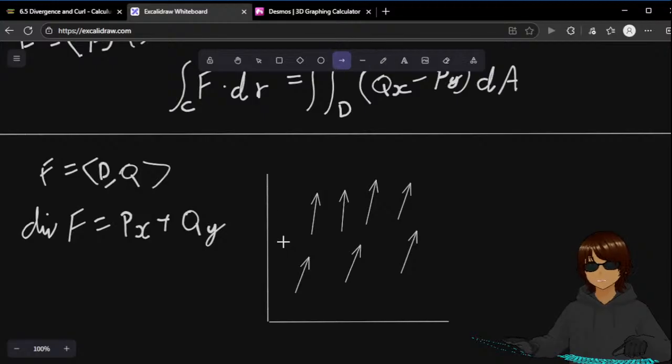So I guess it's calculating the change in the vector field at point P. At this point, for example, the vector field is pointing in this direction, and then divergence would calculate the change in this, I think.